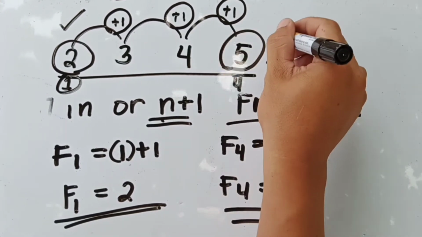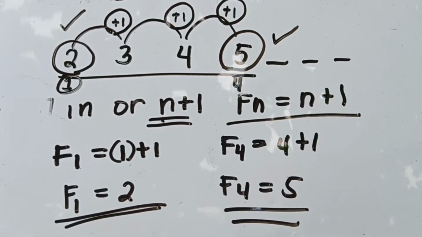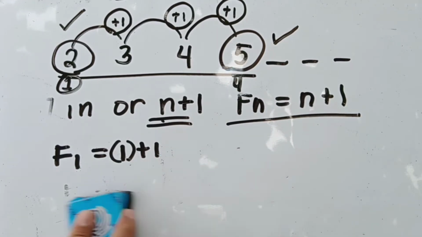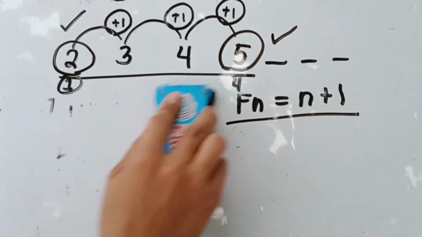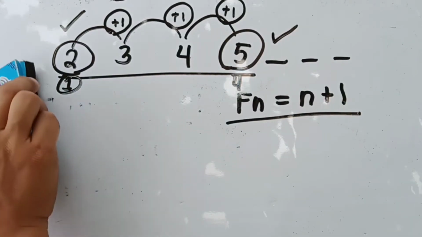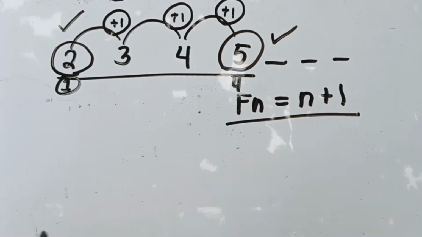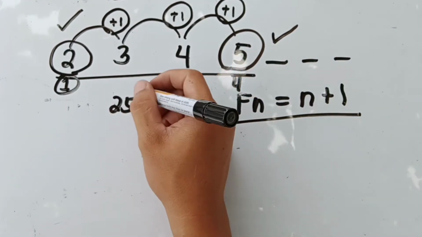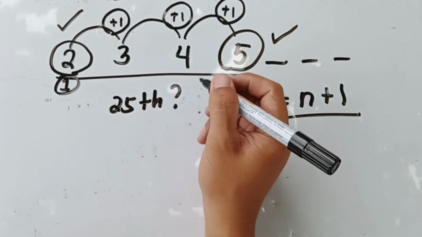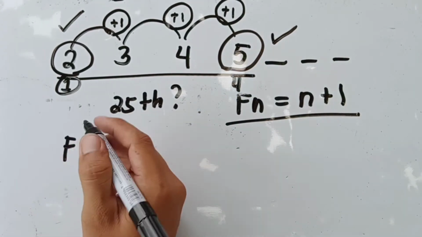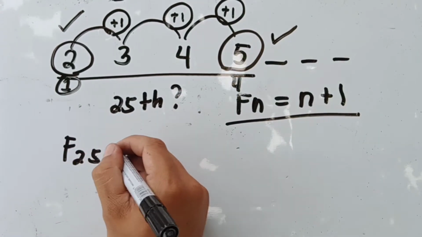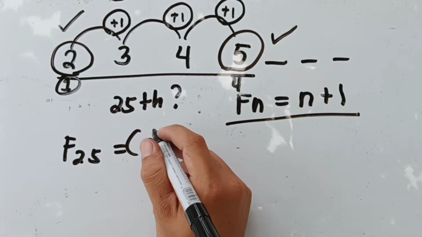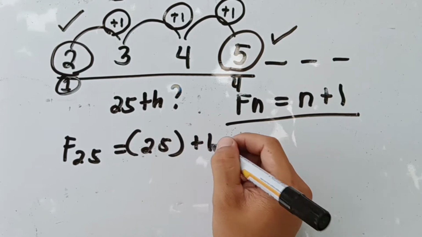So this is correct. Now, this time, we are going to look for the specific term using the formula that we have made. So we are going to find the 25th term in this sequence. So we have f sub 25 equals 25 plus 1.